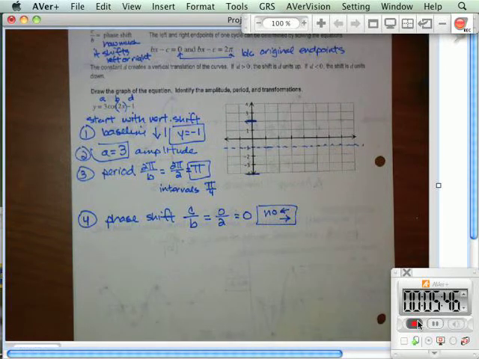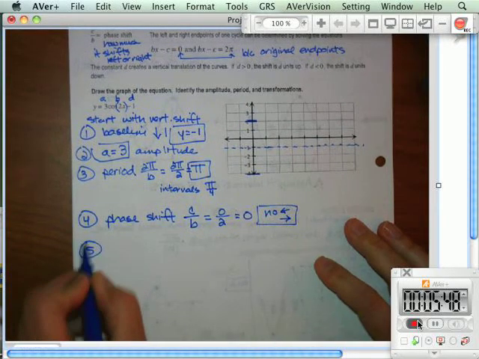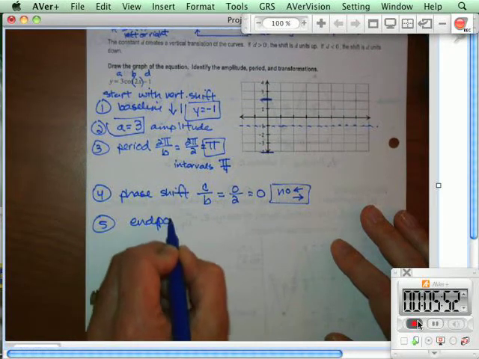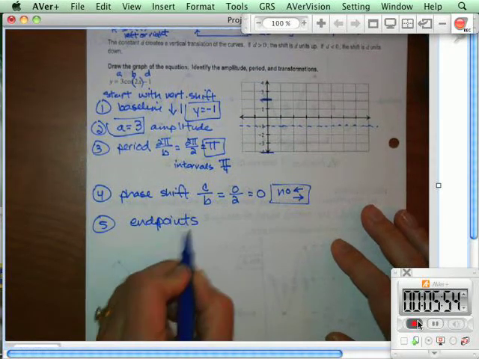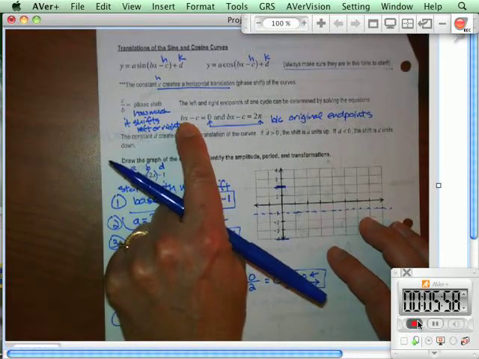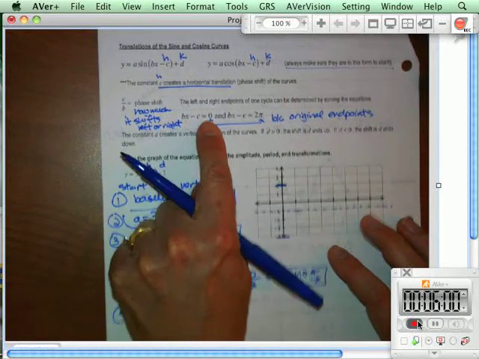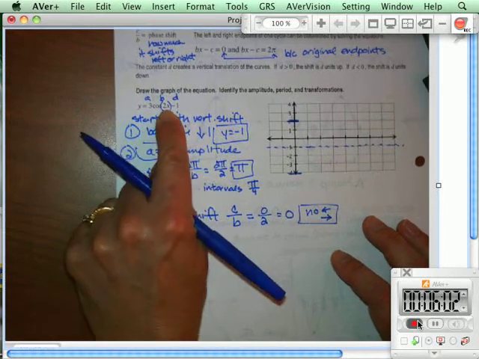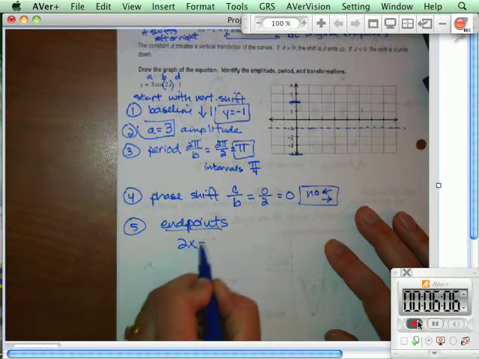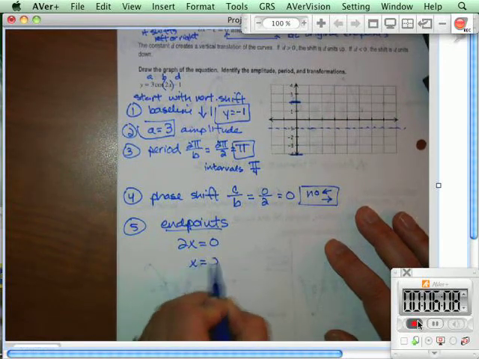I could graph it right now, but just to get you used to the endpoint thing, if it helps you, really you don't need to do it because there's no phase shift here, but we'll just practice it. To find the endpoint, you do bx minus c equals 0. I don't have a minus c, I just have 2x here. So I'm going to say 2x equals 0, x equals 0. That's my first endpoint.